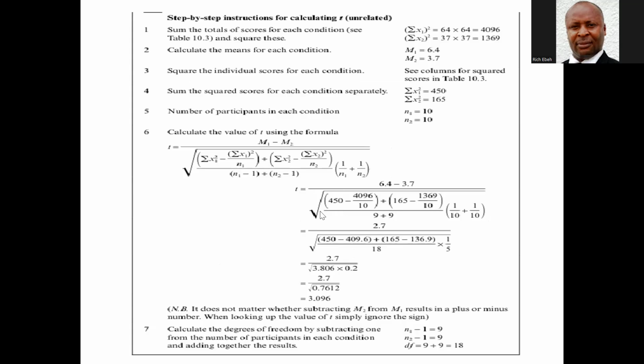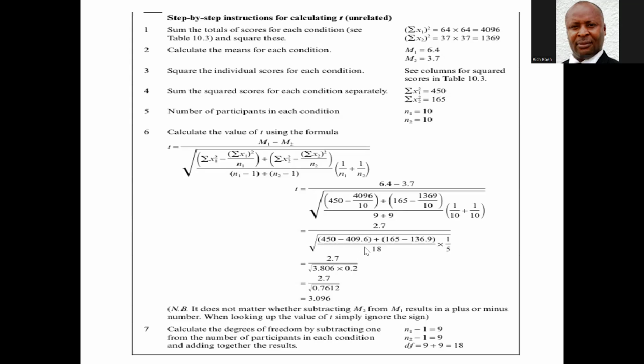Then all divided by n1 minus 1, which is 10 minus 1, plus n2 minus 1, which is 10 minus 1. That will give us 9 plus 9, which will give us 18. Then 1 over n1 is 1 over 10 plus 1 over n2, 1 over 10. It will give us 1 divided by 5, and that will give us 0.2 at the end of the day.